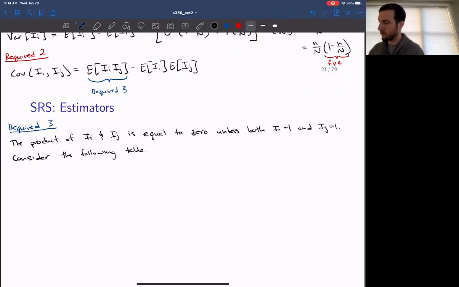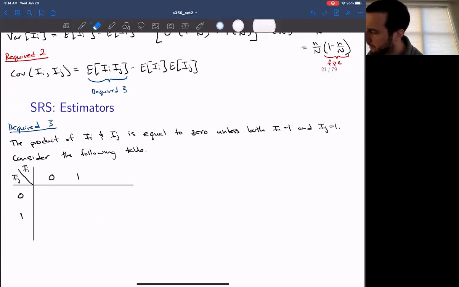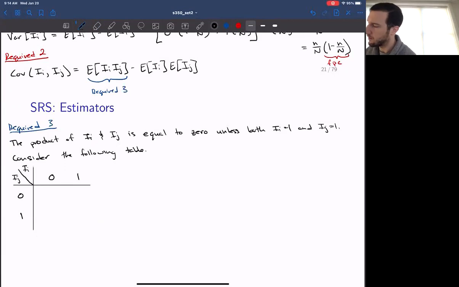So I'll just put the table here. And then just for clarity, we'll call this, consider the following table of products.